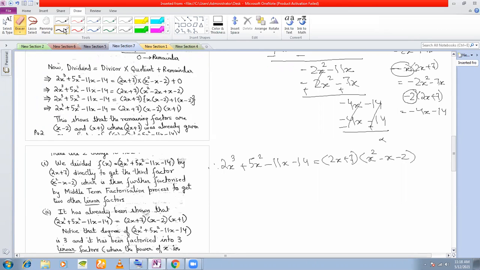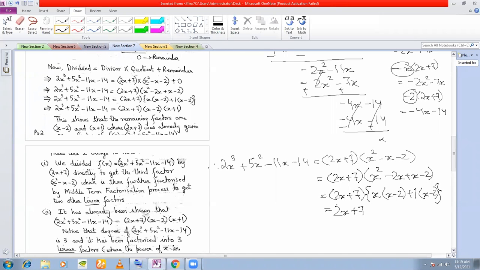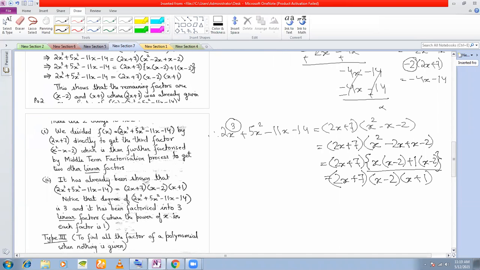So you factorize this by middle term now, so that you are getting three factors. You are getting 2x plus 7 as one factor, and this one you can write as a product of x minus 2 and x plus 1. So this was the cubic polynomial, power was 3, and you're getting three linear factors, power 1, power 1, power 1.